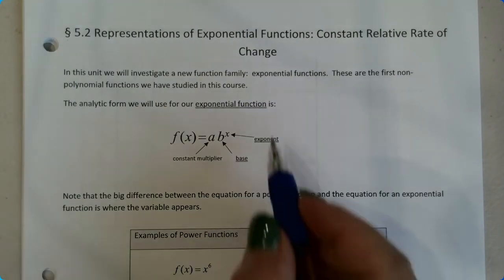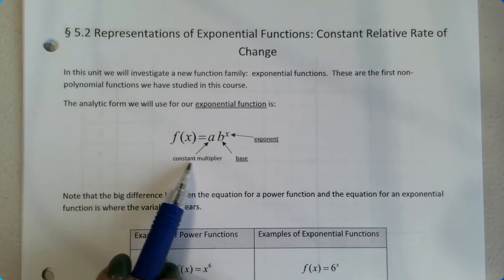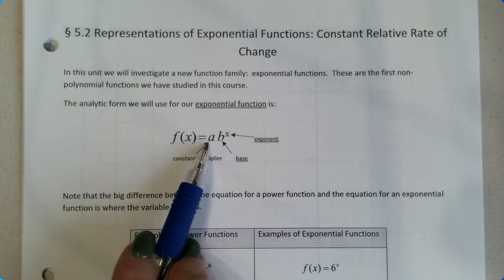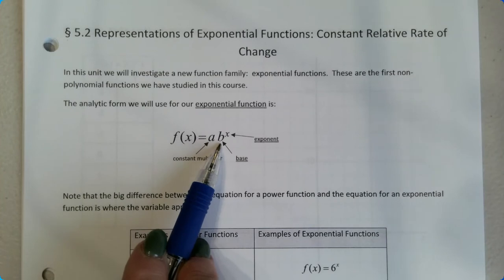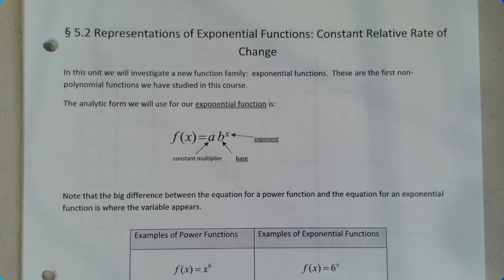So here we go. Our exponential function has this form. There may be a constant multiplier, which is this a. You'll have some base b, and the variable this time is going to be in the exponent, so b to the x power. Notice this is the defining feature of an exponential function.